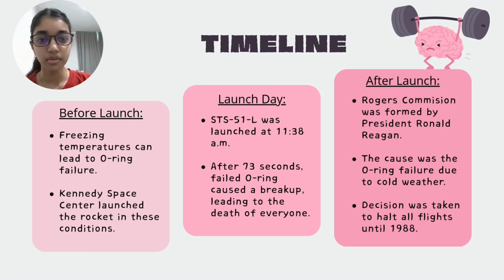After the failed launch, the Rogers Commission was formed by President Ronald Reagan. Its cause was found to be the O-ring failure due to the cold weather, and the decision was taken to stop all flights until 1998, when all flights were resumed.